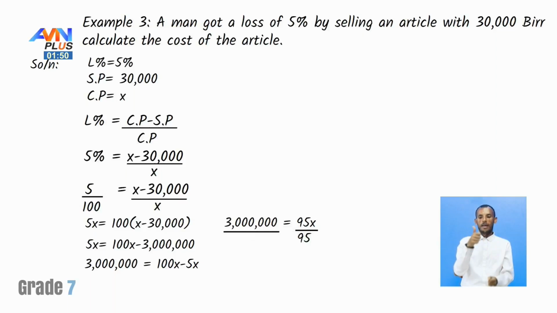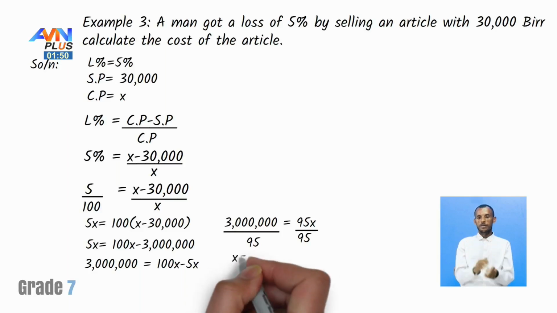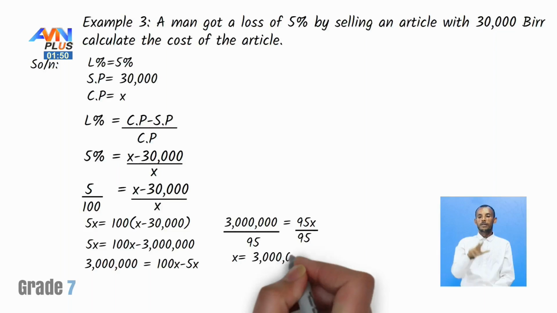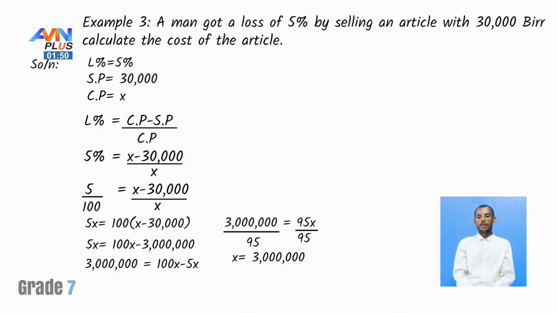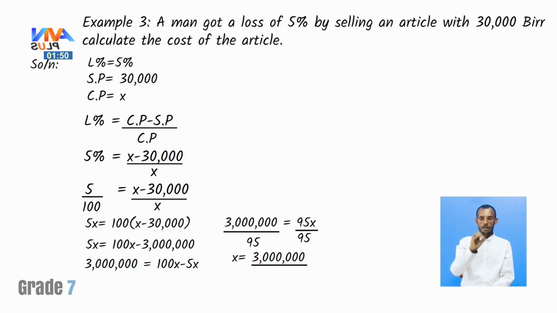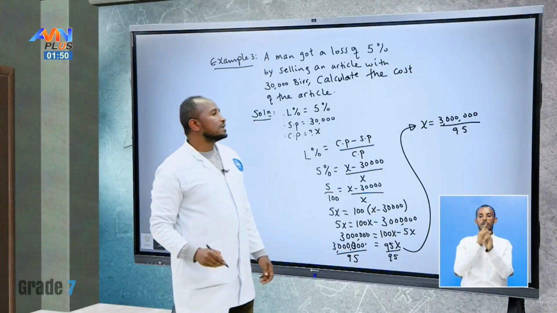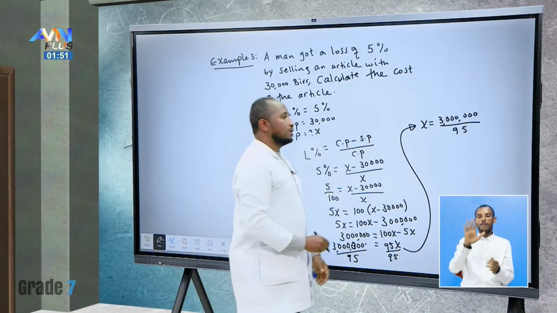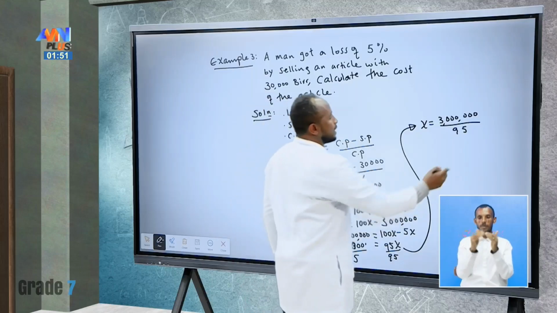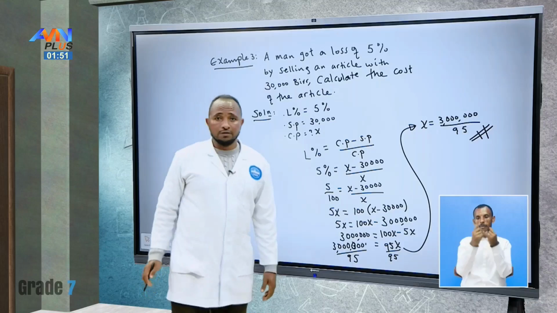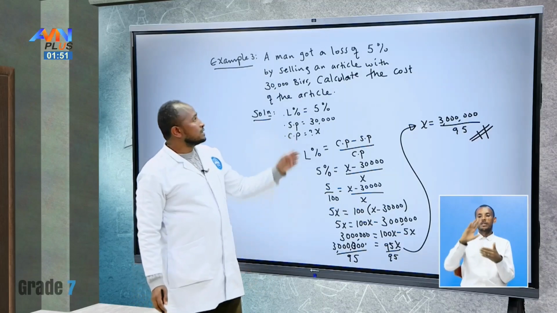Finally, you have x is equal to 3 million divided by 95. This will be the answer. Please, students, just divide this 3 million by 95 at home, but I'll leave the answer in this form. So the cost price is 3 million divided by 95, the cost price of this article.